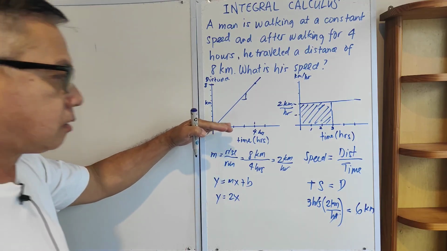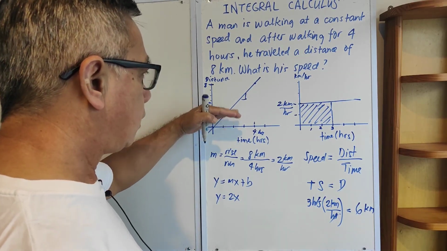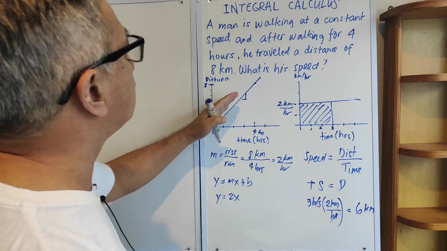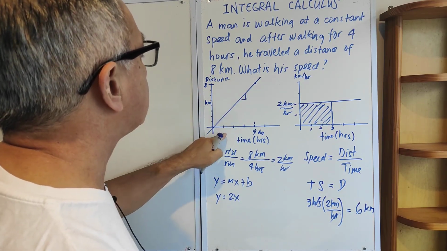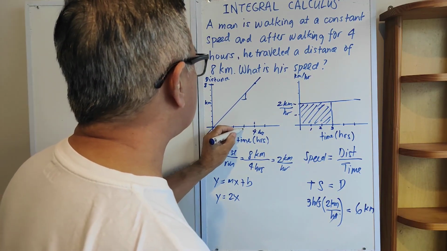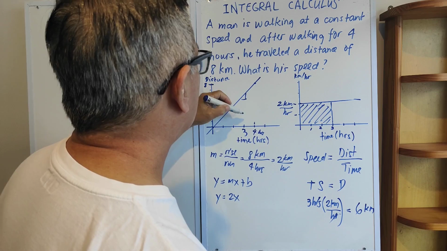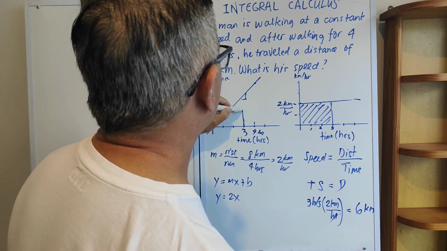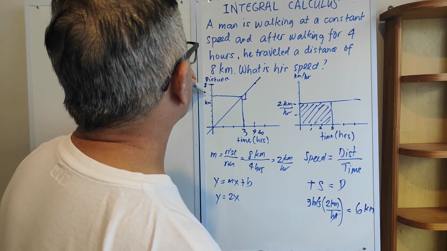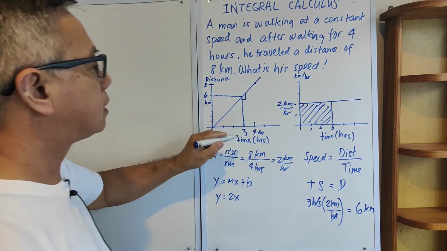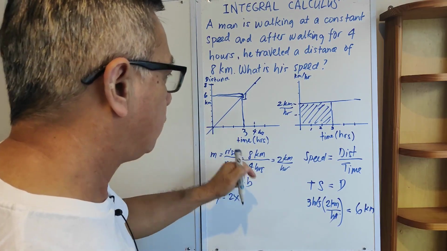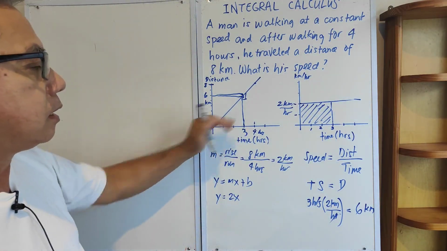Now we can also use this one to compute, because we have the speed, we have the slope. So this is 4 hours. If we use this 3 hours, we can put it up and then go to this one. We have 6 kilometers. So we can also use this graph to compute for the speed using the graph.